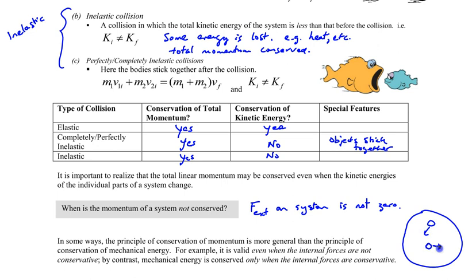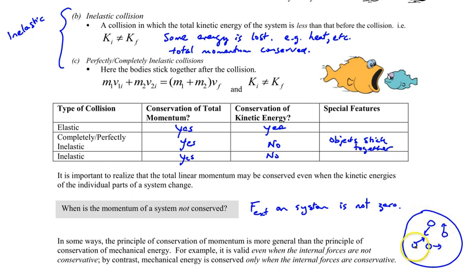For example, if you have a system here and a bunch of bodies moving around, particles bouncing around in here and colliding with each other, then internally the momentum is not conserved. If we were to look at these individual bodies, they're changing their momentum as they strike one another. However, if you were to look externally at this whole system and there were no forces acting on this whole object externally, then the momentum of the whole system would be conserved.